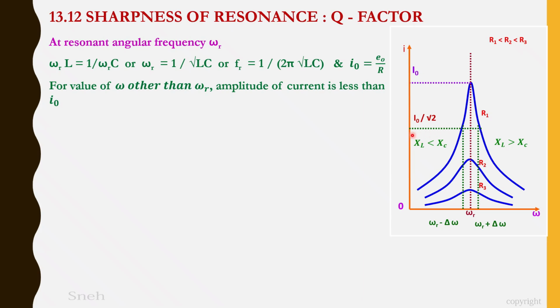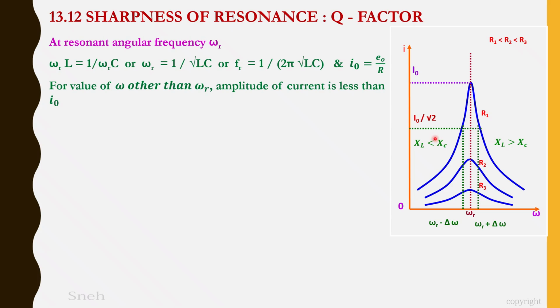I0 by root 2 means what? I'm taking the IRMS value. At this I0 by root 2 value, I'll draw a perpendicular on the y-axis, and this perpendicular cuts this graph at two points, one on the left side of the maximum I0 and the second on the right side of the maximum I0.